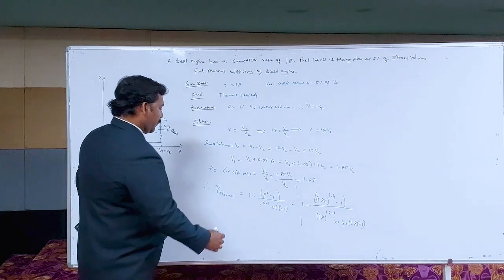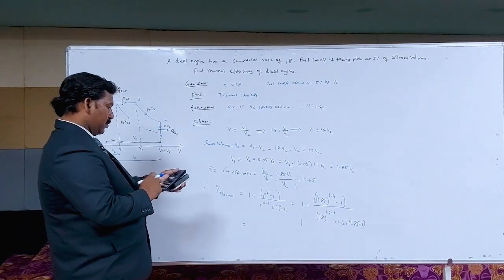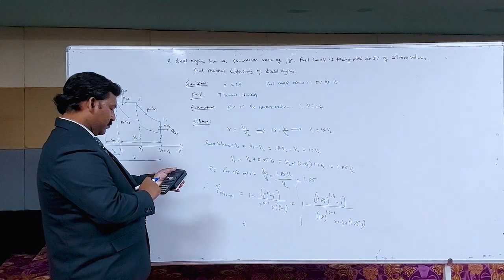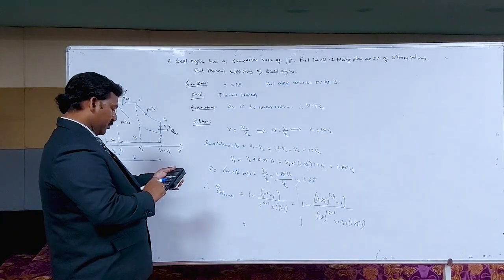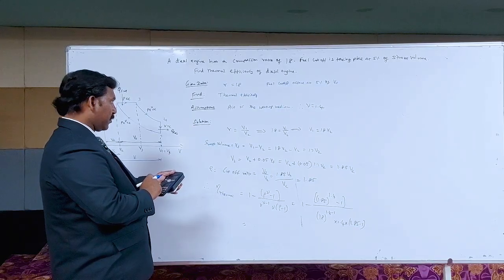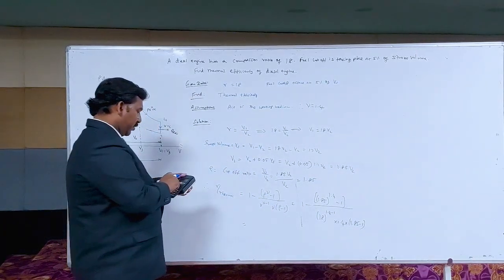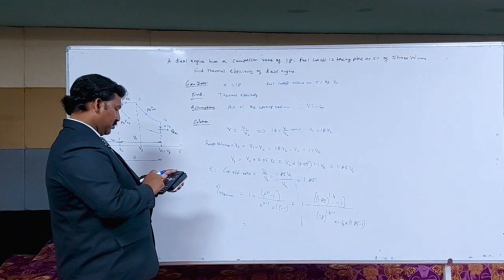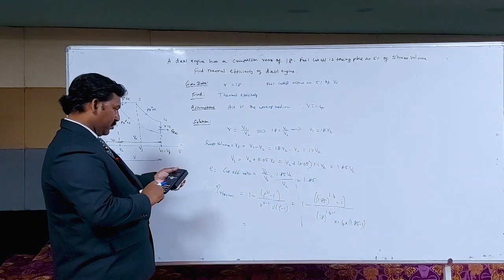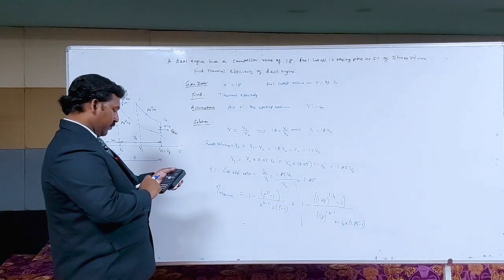So that is equal to 1.85 power 1.4 minus 1 divided by 18 power 0.4 divided by 1.4 divided by 0.85.